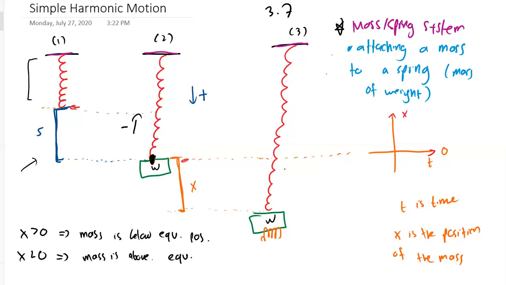In this case, forces going downward are positive and forces going in the opposite direction, in this case upward, are negative. So the weight, a force that's stretching the spring vertically downward, is going to be positive, and the restoration force of the spring, which wants to get back to its original state as pictured in picture 1, is acting opposite to the weight, and since the weight is going vertically down, the restoration force is going vertically up.